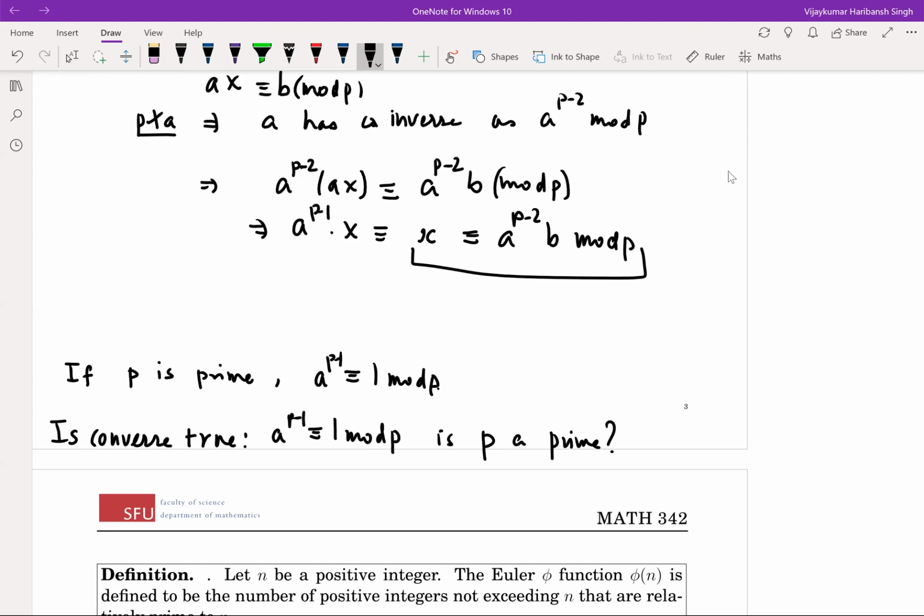If that was the case, then it would have given a new test for primality, and the answer, unfortunately, is no. There are something called pseudo primes, some numbers which satisfy this without being a prime. We'll discuss them later. So unfortunately, this is not true. Otherwise, it would have given us a nice primality test.